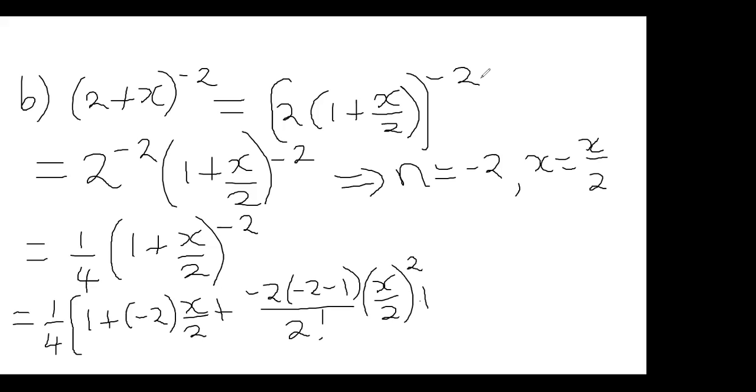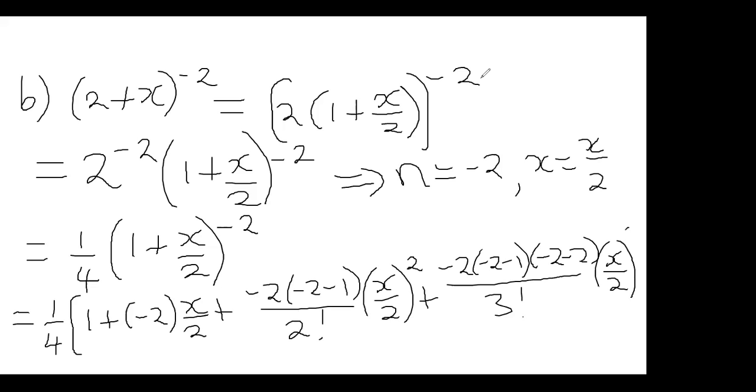Then plus (-2)(-2 - 1)(-2 - 2) over 3 factorial, then (x/2)^3. So we want this up to the term containing x cubed. Then we have plus dot dot dot.